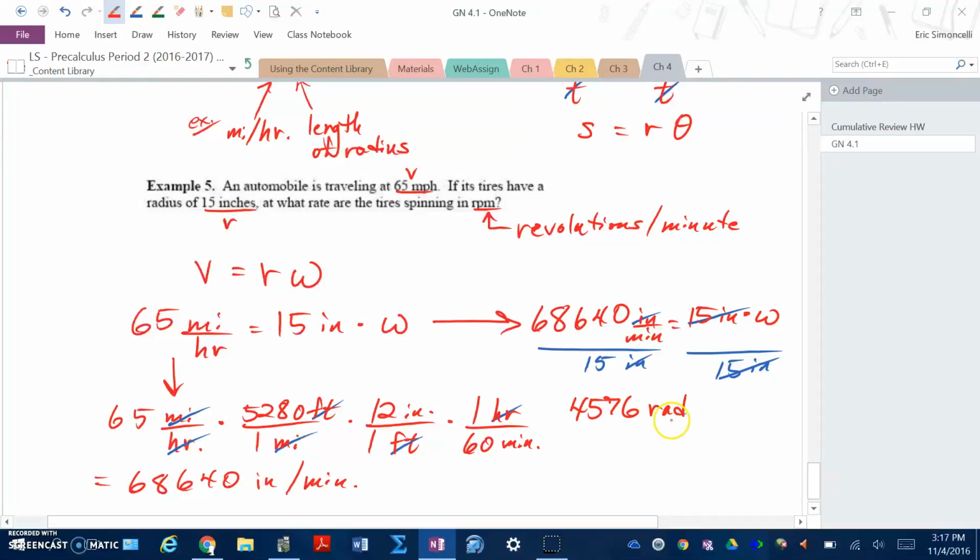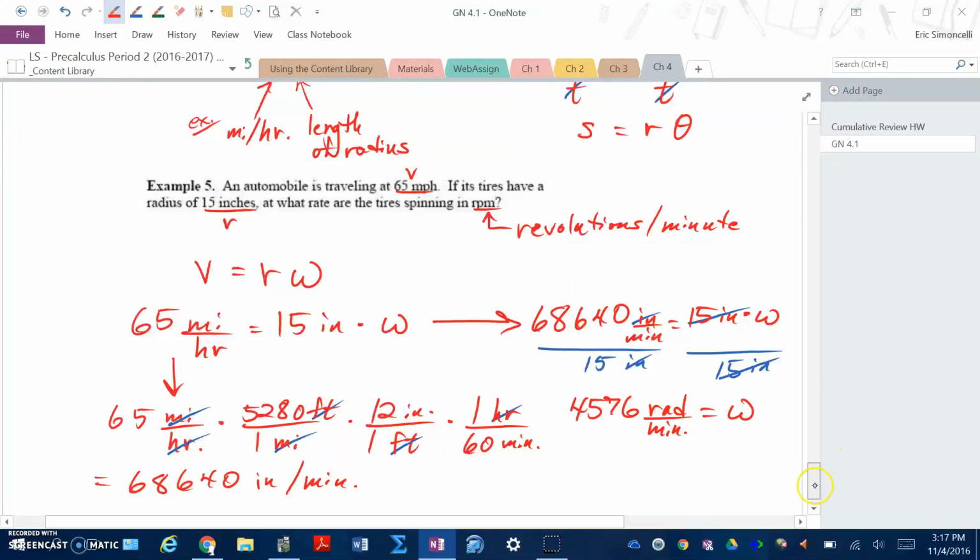4,576. Now we did say omega was in radians per minute, and that's exactly how I'm going to write this, which is great. And I know that we talked about radians being unitless. Omega will have this particular type of unit representation. So we're going to go ahead and continue with this.